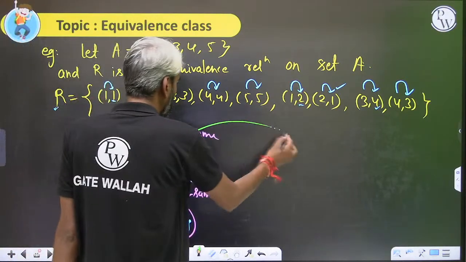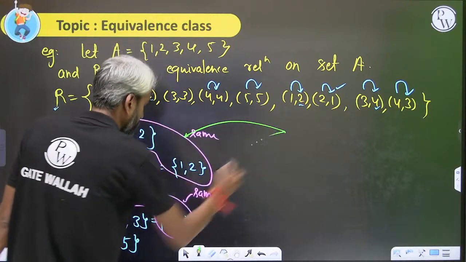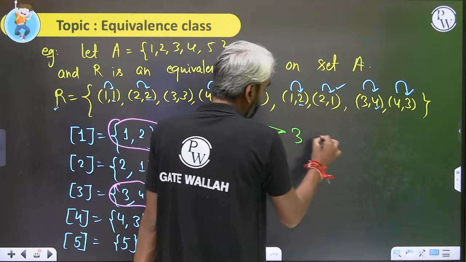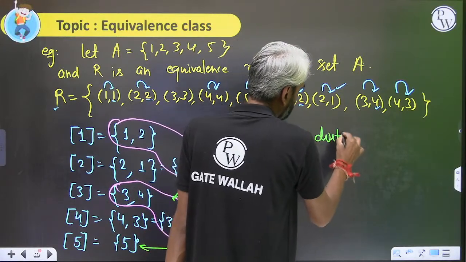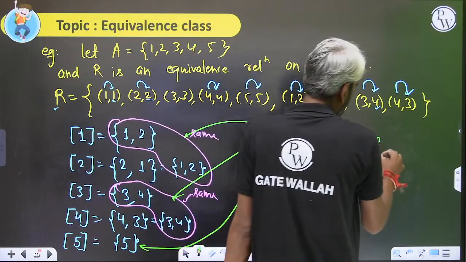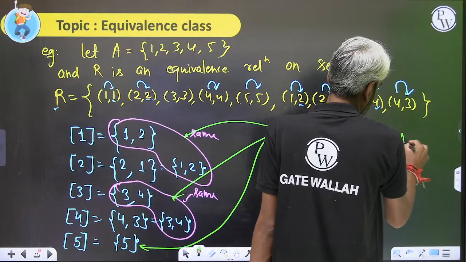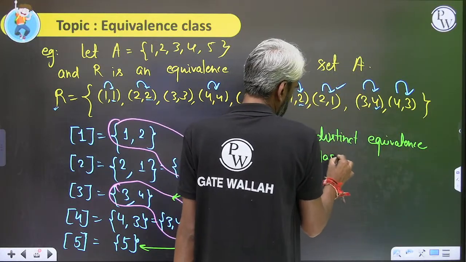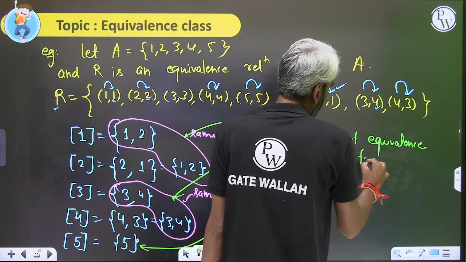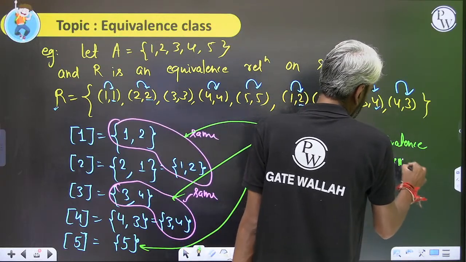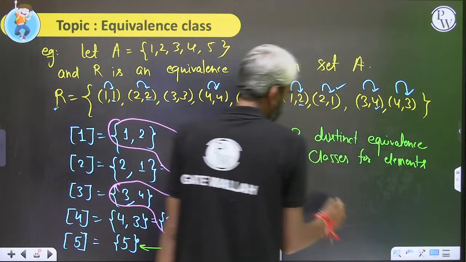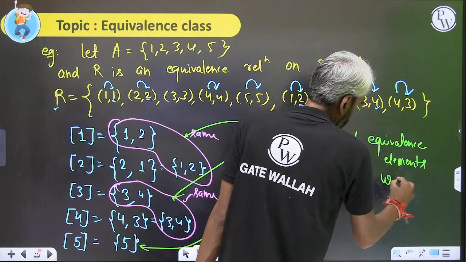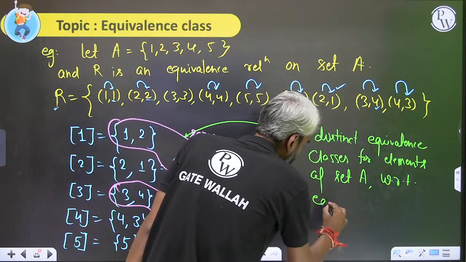So, sir, this is one, these two are the same. Another one is this. So can I say there are 3 distinct equivalence classes for elements of set A with respect to equivalence relation R?